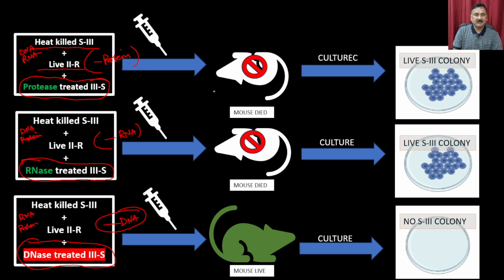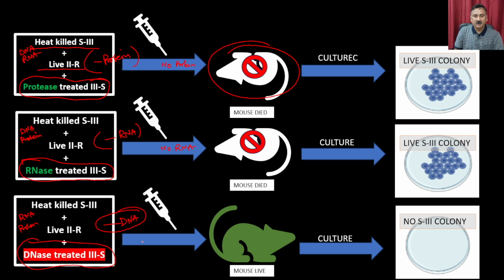And then he tested in which condition the mouse is going to die. When you have no protein, the mice are dying. This means the protein is not responsible for converting the R bacteria into a virulent S bacteria. Similarly, when you have no RNA, the mice are also dying, because the R type bacteria can still get transformed into S type bacteria.